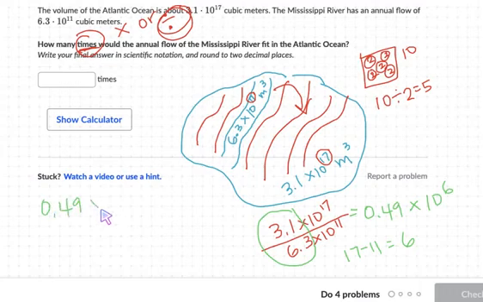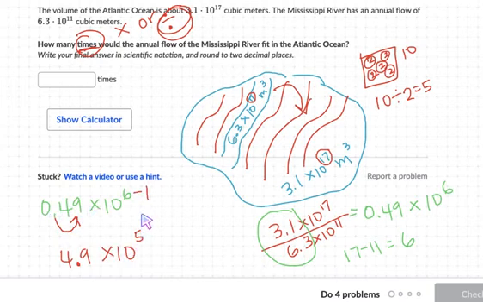Almost there, because this is not quite in scientific notation. We want to move it over so that we have only one non-zero digit in front of the decimal place, so it becomes 4.9. But then we have to change something here. We move this one forward 1, so we have to move this one back 1. So it'll be times 10 to the 5th power. We have to balance it out.